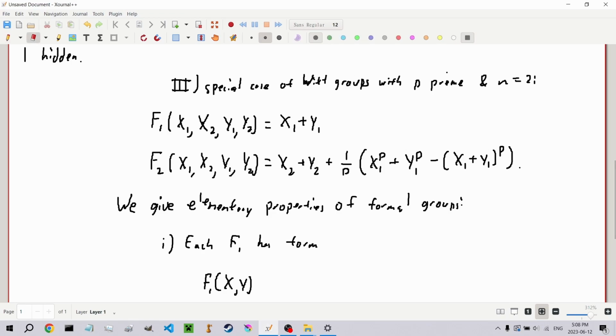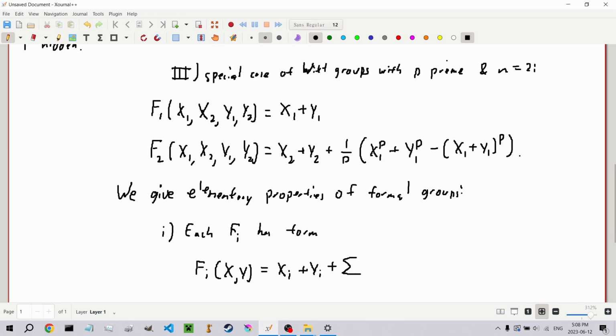I think this is supposed to be Fi up there. I've got to translate these in real time. There's a lot of typos all of a sudden. Fi being xi plus yi plus some sum over alpha having absolute value at least 1, beta having absolute value at least 1, of some coefficient times x to the alpha times y to the beta.